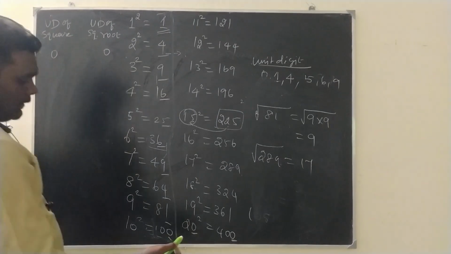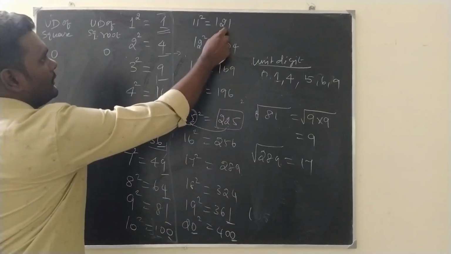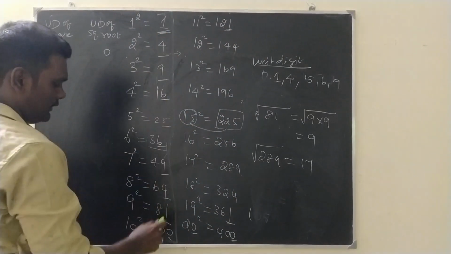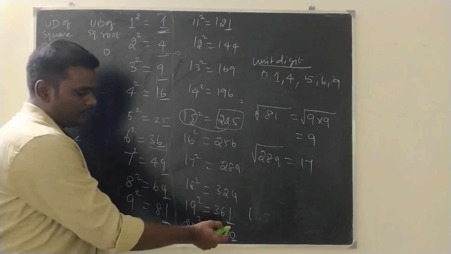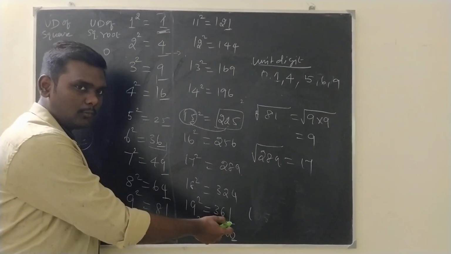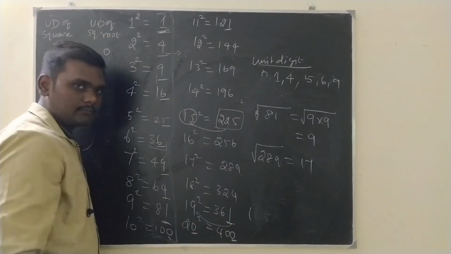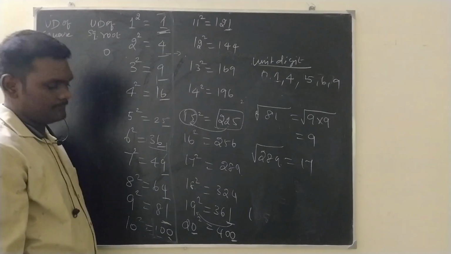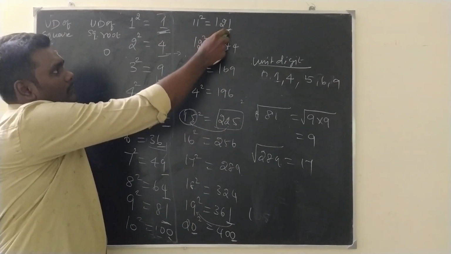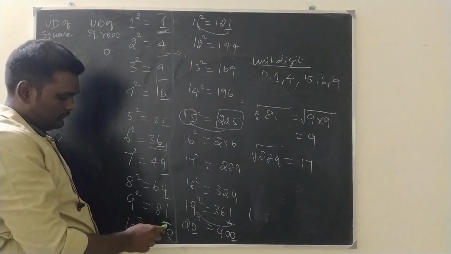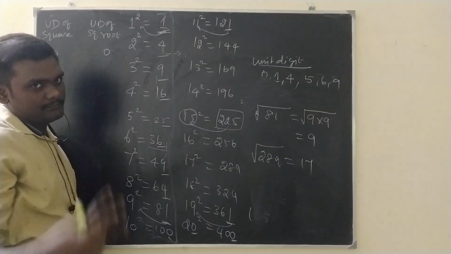Now if the unit digit is 1, here we have 1, there we have 1. What is the unit digit of the square root? The square number's unit digit is 1, then the square root's unit digit is, unit digit means last digit, 9, here also 9, there 1, here 9, there 1. So we have two options.